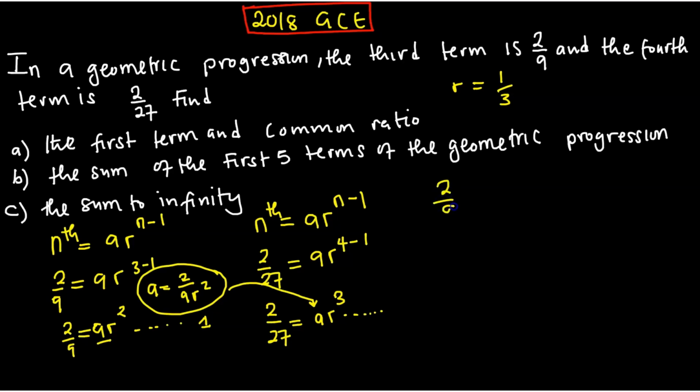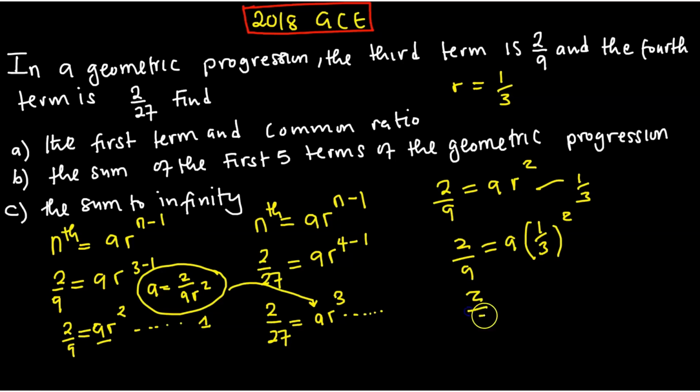So 2 over 9 equal to A r squared. Where there is r squared, I will replace 1 over 3 to find A. So 2 over 9 equal to A times 1 over 3 to the power 2. This is just the same as 1 to the power 2 over 3 to the power 2.